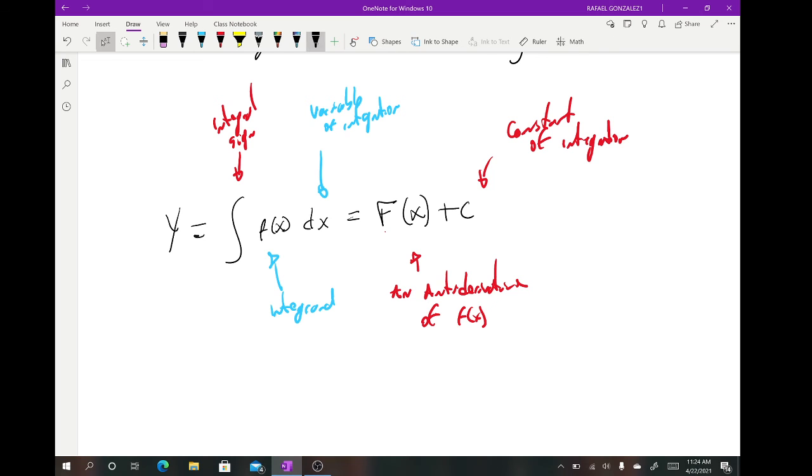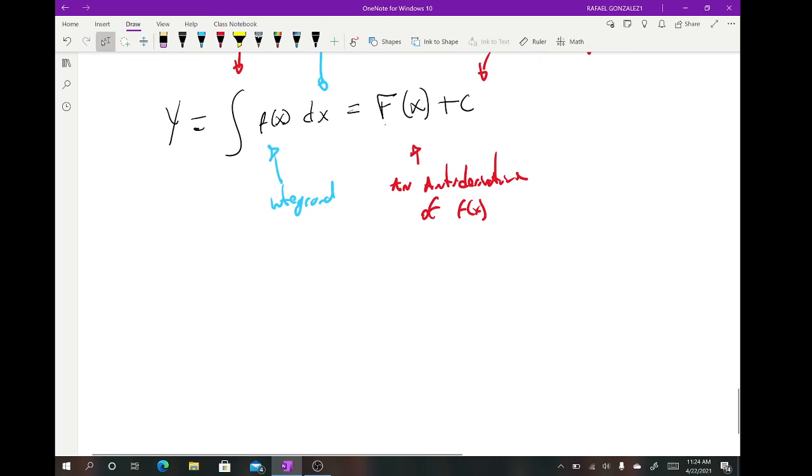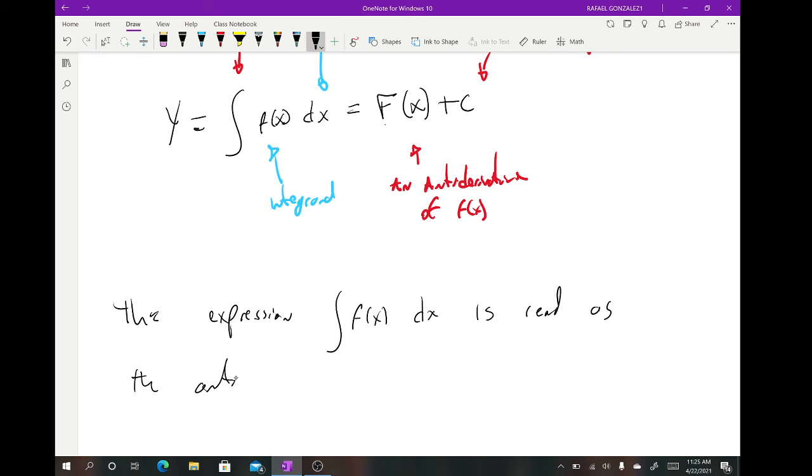So let me just say one more thing and end this part of the video. This expression, the integral of f of x dx, is read as the antiderivative of f with respect to x.